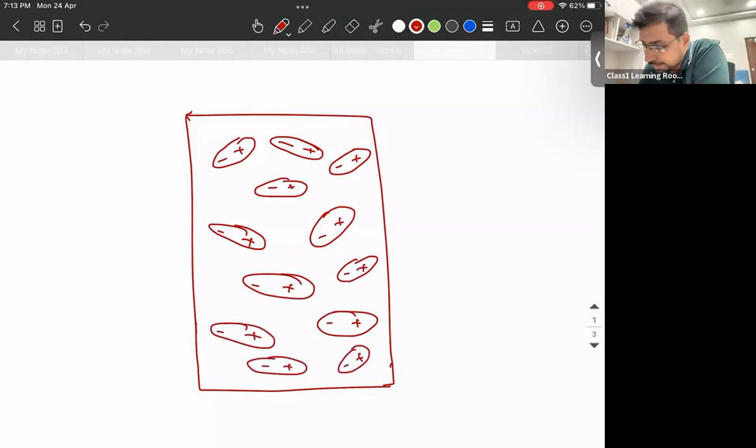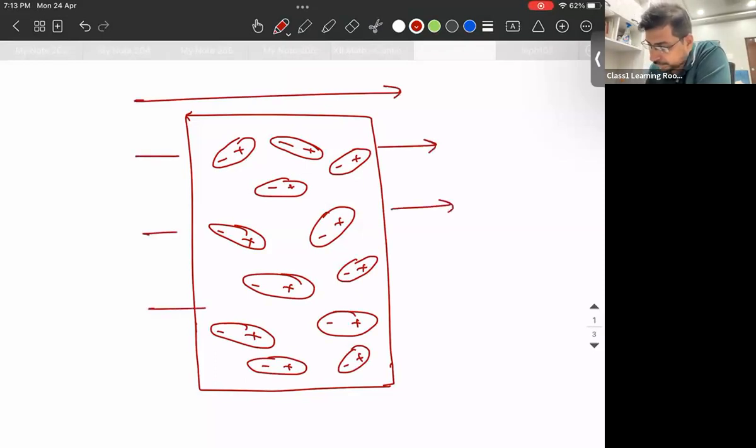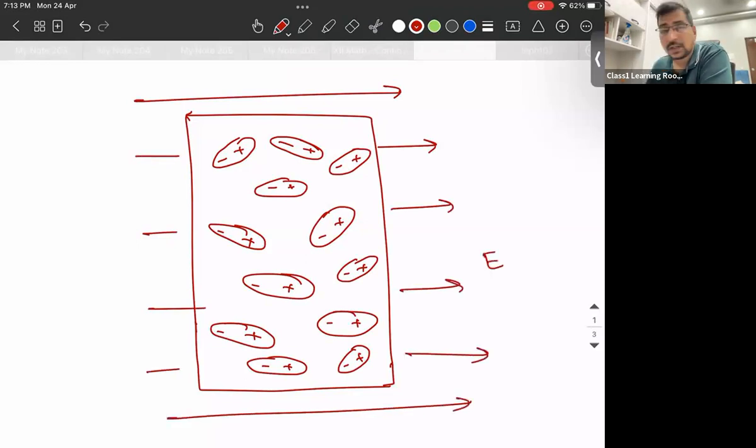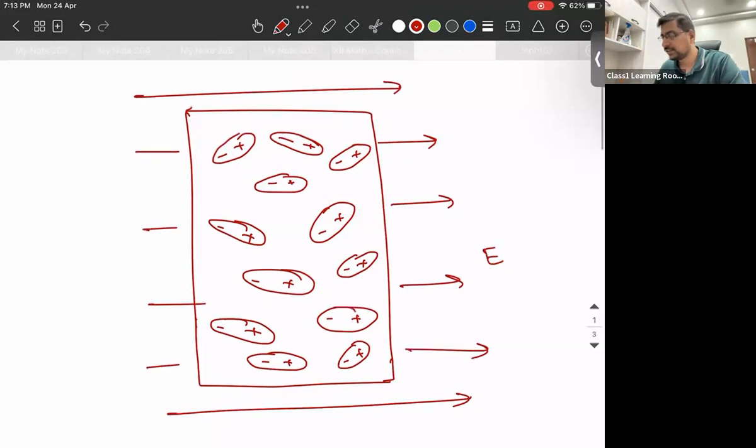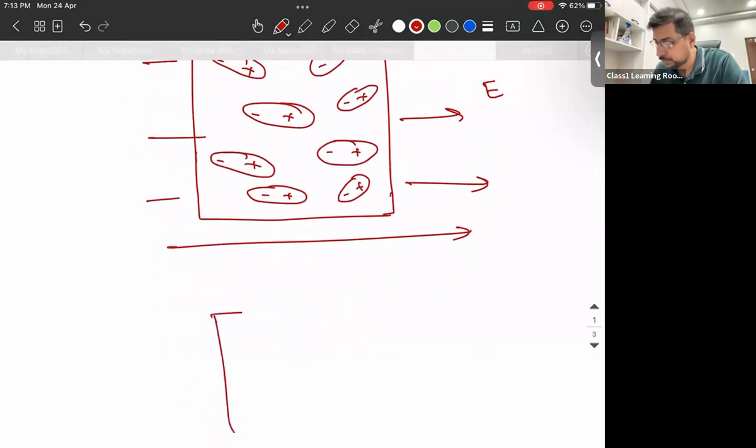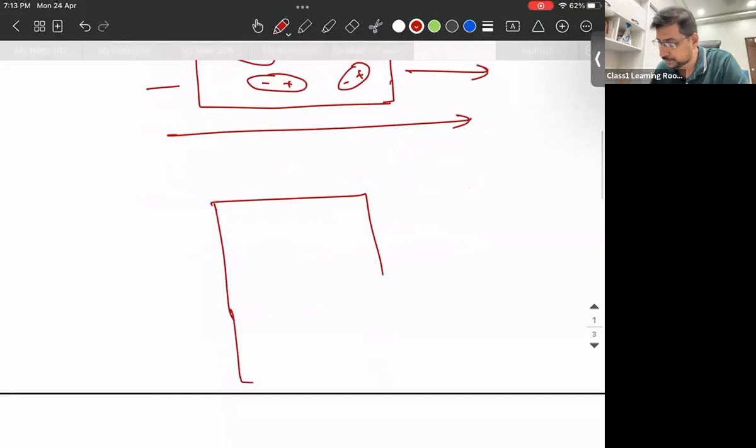When you take a dielectric and place it in an external electric field, the dipoles experience torque. We know this concept from the previous chapter. They experience torque and start rotating. After a certain instance, the dipoles get aligned like this: negative here, positive here, negative here, positive here, negative here, positive here.